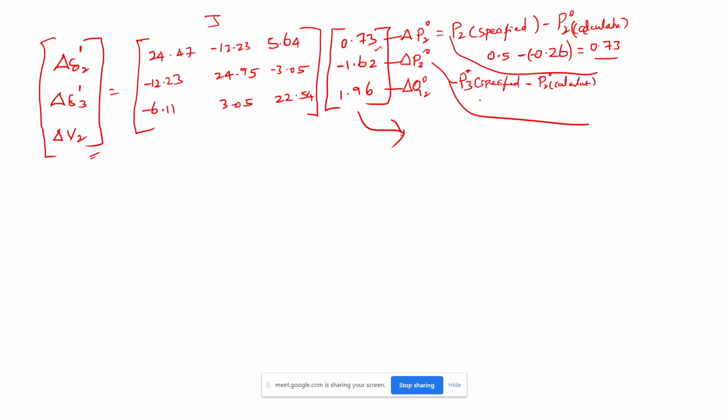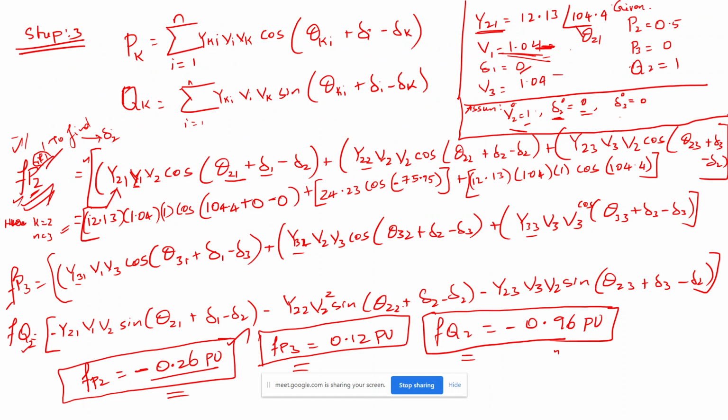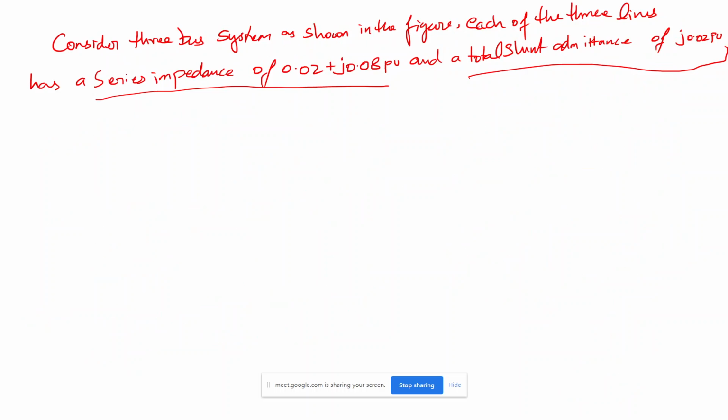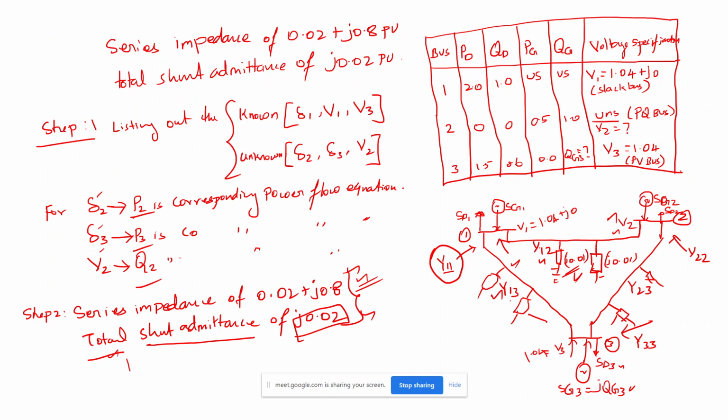It's nothing but 1.5. If you see the question, you will get it is 1.5, and this is minus. Why it is minus? Any idea why it is minus? I'll show this question once again to you. Why it is minus? You tell me.